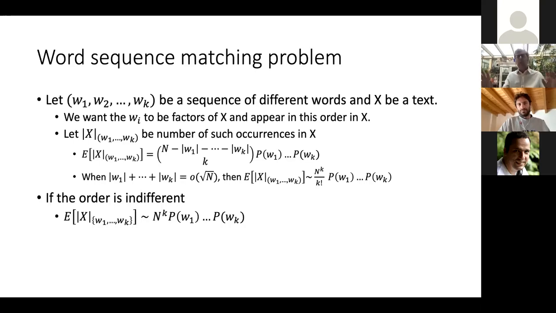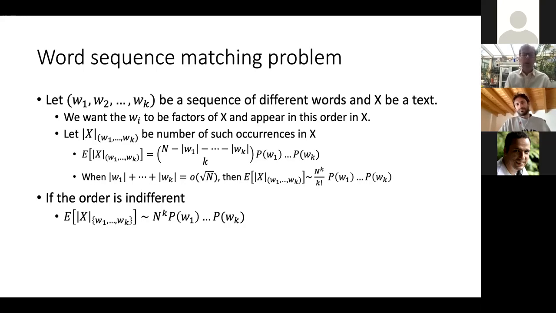Or there is some twist if you allow overlap and not overlap. It is not important for our problem. And the average number of such occurrences in X, how many tuples of positions you have this matching, is given by this formula.